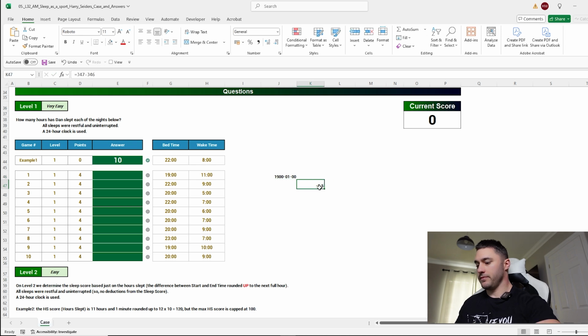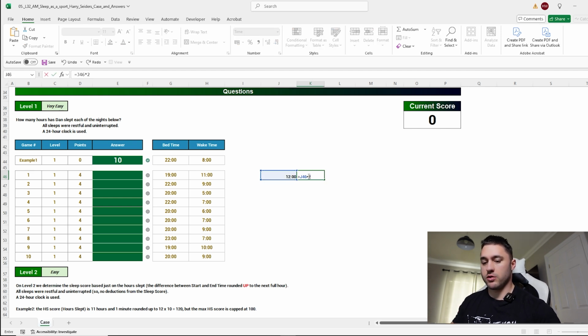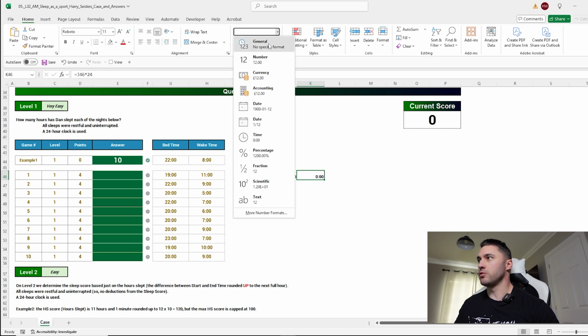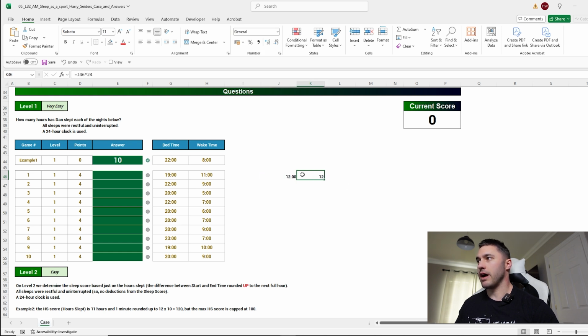If I enter that and put it into time format, that will be 12. But underneath, that's exactly half, because it's half a day. To convert that into hours, I need to multiply it by 24, because there are 24 hours in a day. So in the general format, that gives me 12 hours.